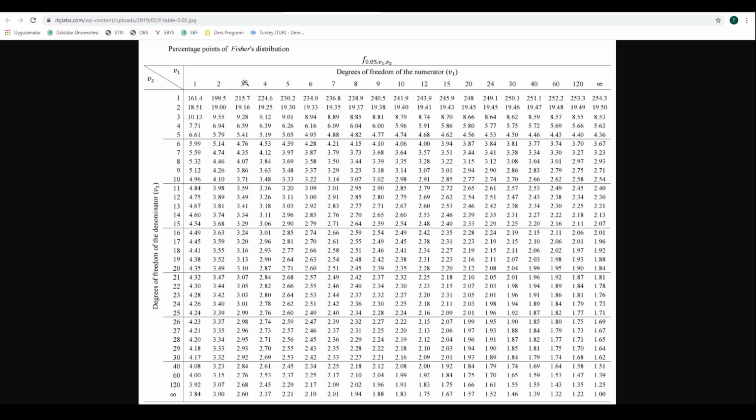The second degrees of freedom is 56. But in the table, we don't see 56 because the numbers are very far from each other. If you have a large sample, then we choose 60 instead of 56. And this is 2.76. This is the table value, 2.76.